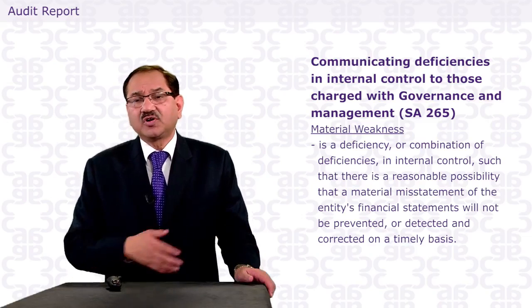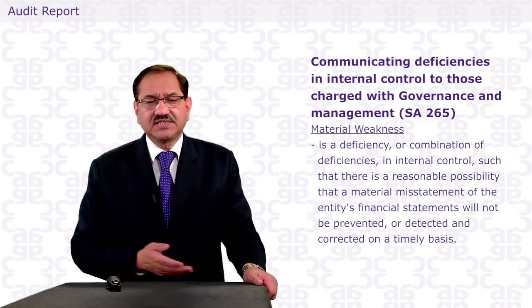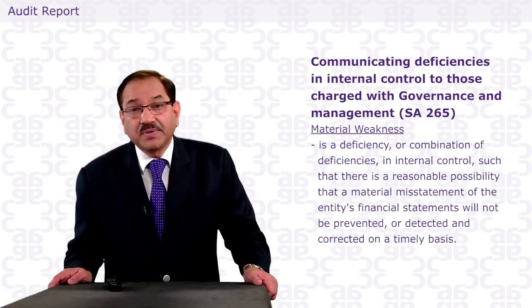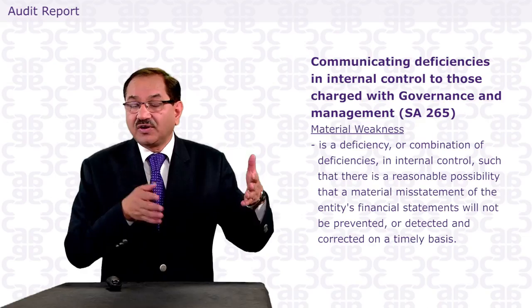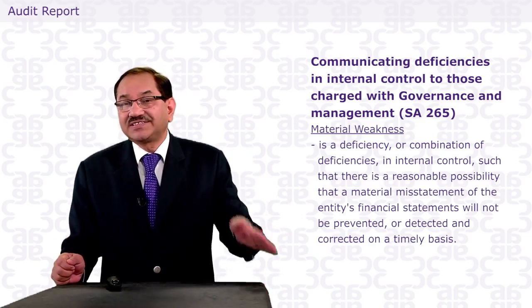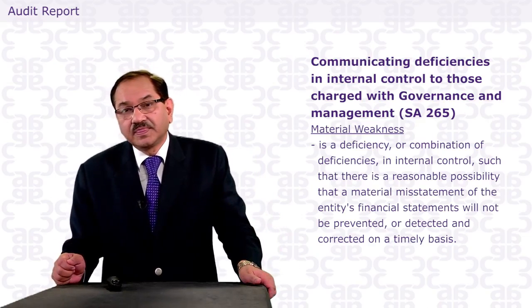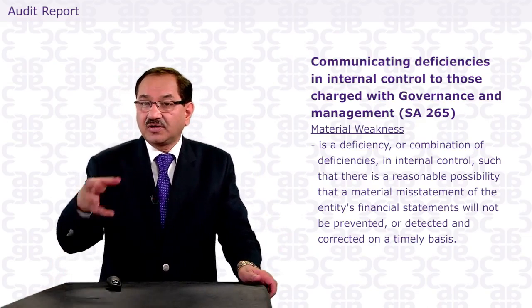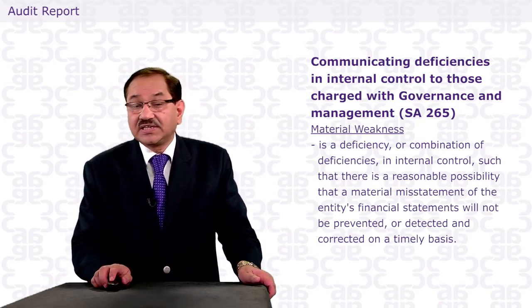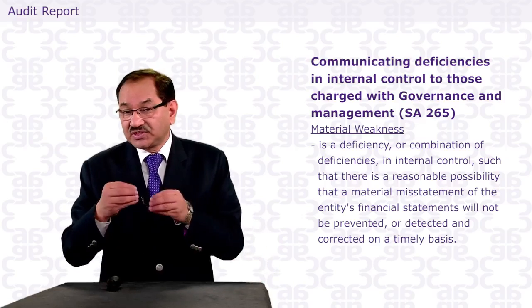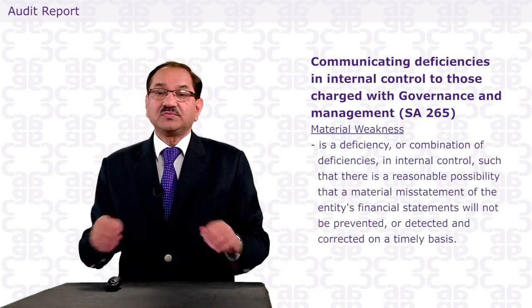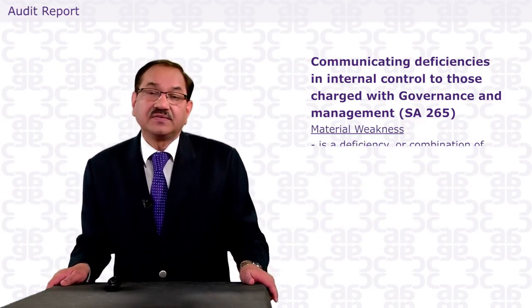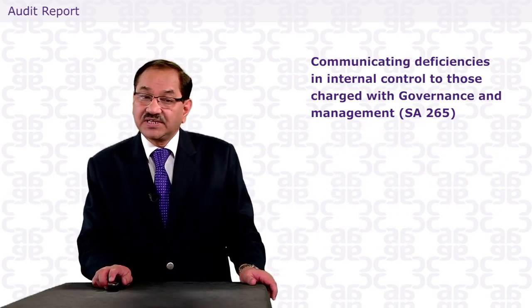There may be a deficiency in designing, or a deficiency in compliance, or the controls are not being operated, the instructions are not followed, there is a design but it is not effectively followed. Due to that there may be some small mistakes, and if you add up all those mistakes, they become material. So that's a material weakness.